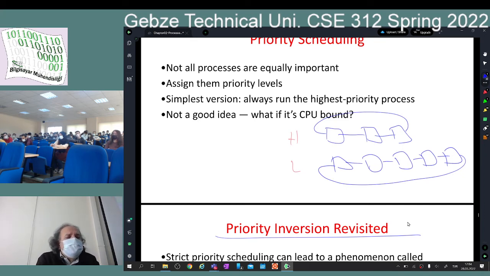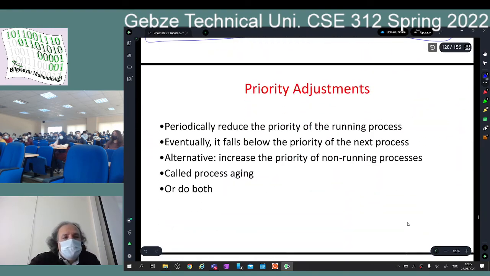Once the operating system realizes that these processes are not getting any CPU time, I can increase their priorities, or I can decrease the priorities of other processes. That's what we are doing in the handling of the timer interrupts.